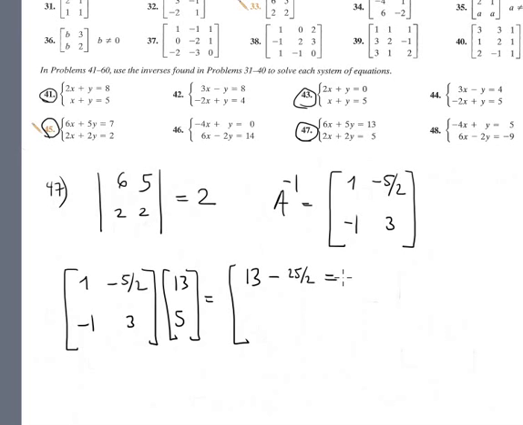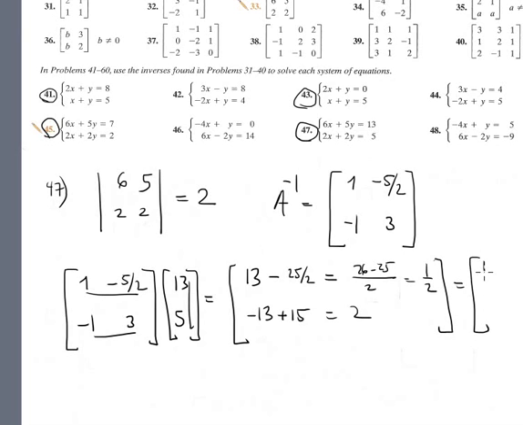This is equivalent, this is 26 over 2. So LCD is 2, 26 minus 65 is -39, that's -39 over 2. Now, this times this is -13 plus 15, which is 2. The answer is the vector, and the ordered pair solution is the pair shown.